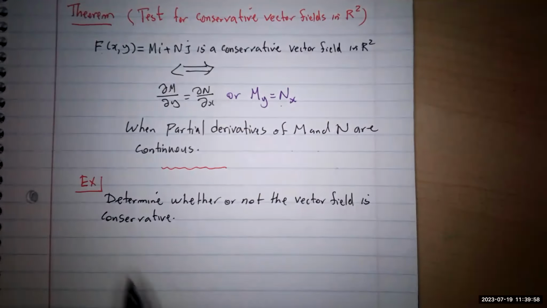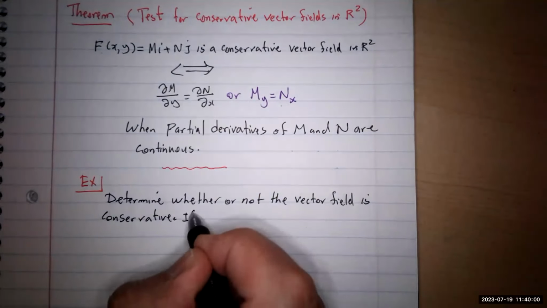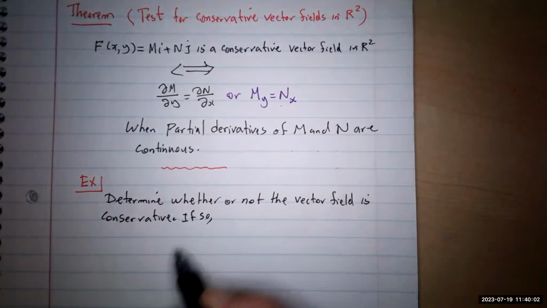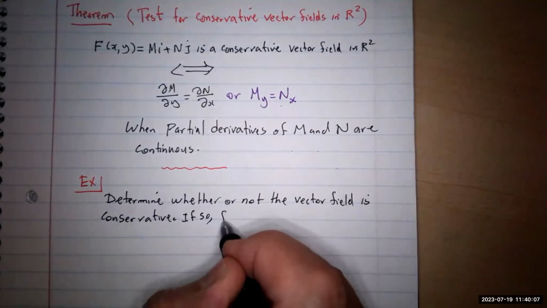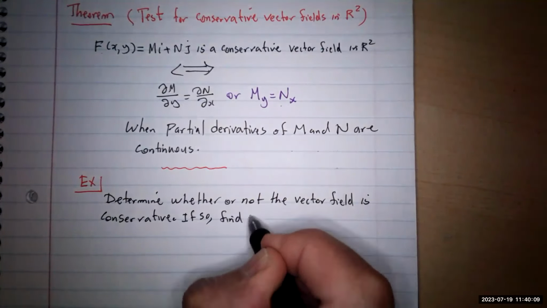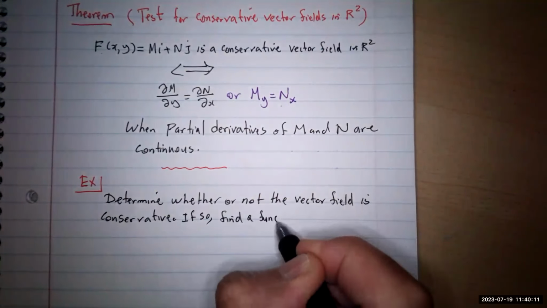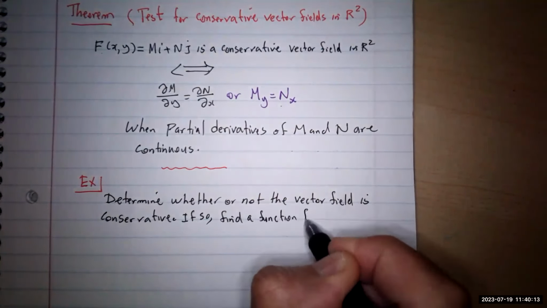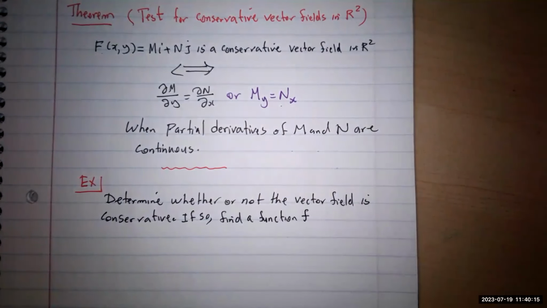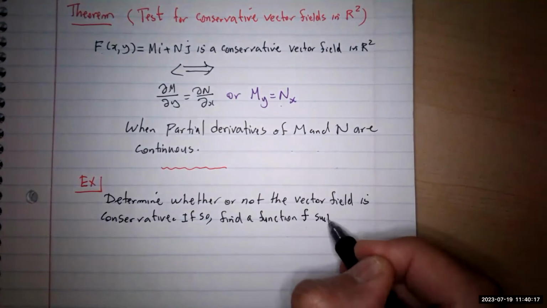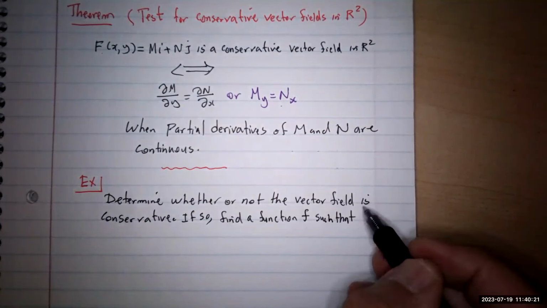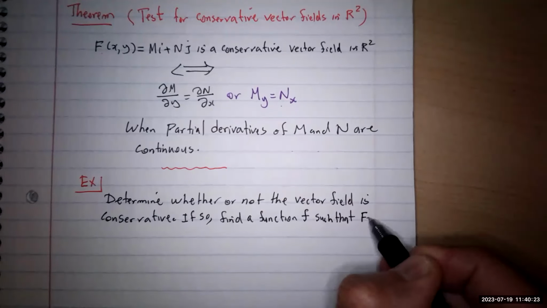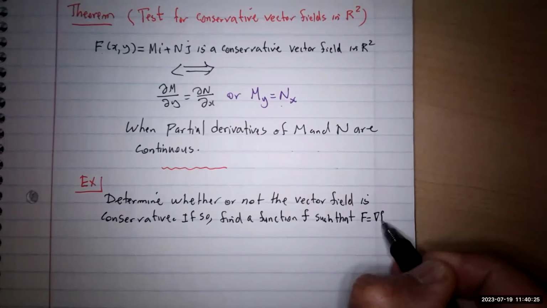Then if so, if your answer is positive, go and find the potential function. If so, find a function f, real valued function, such that your vector field is going to be equal to the gradient of f.